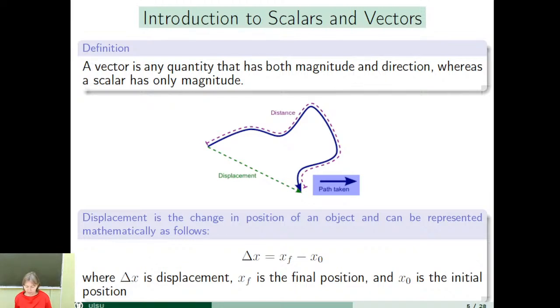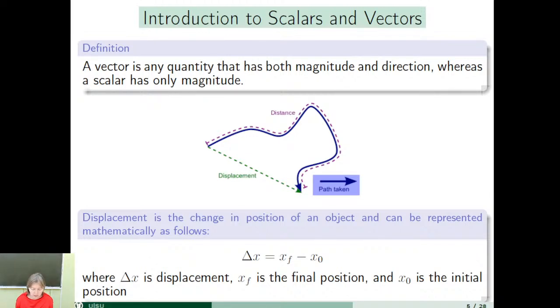What is the difference between distance and displacement? Look at the picture. Whereas displacement is defined by both direction and magnitude, distance is defined by magnitude alone.